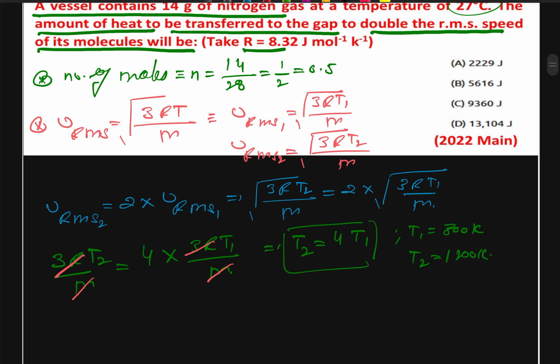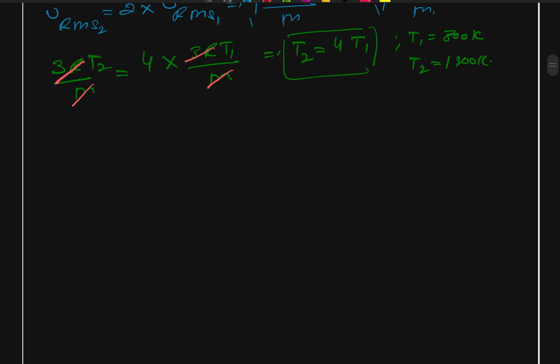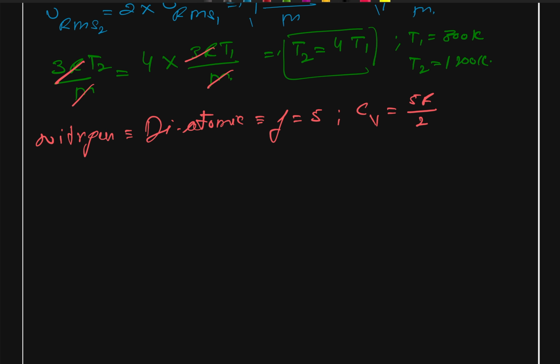And we are given nitrogen gas, which is diatomic, and its degrees of freedom will be equal to 5, 3 translational and 2 rotational. Therefore, its Cv can be written as 5R upon 2.